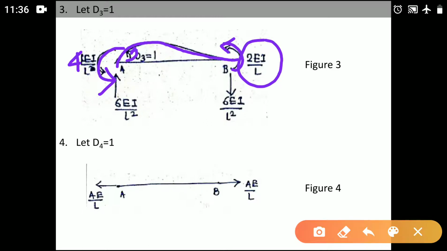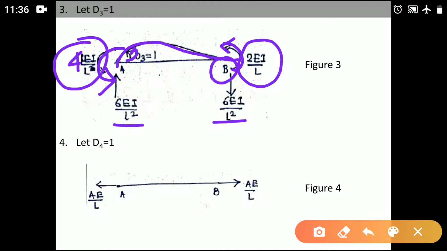Anticlockwise at near end A, because rotation is given at end A, therefore the moment is 4 EI upon L, and the far end moment at B is 2 EI upon L. Now the reaction.